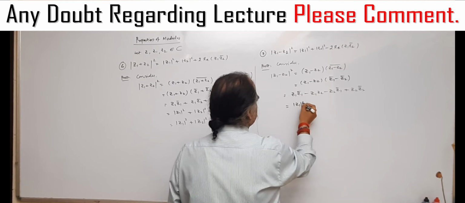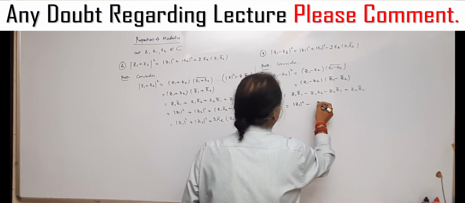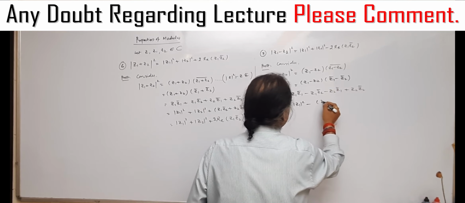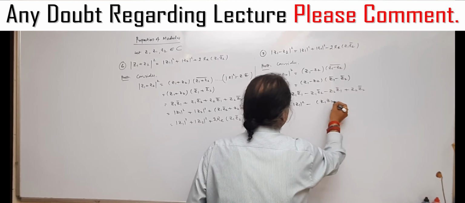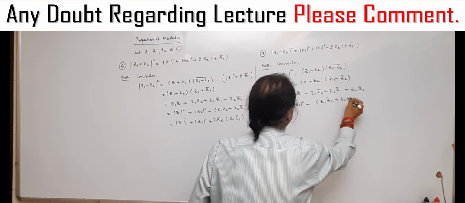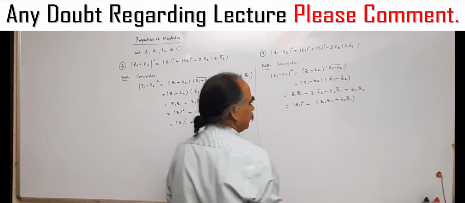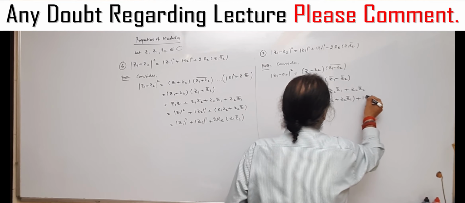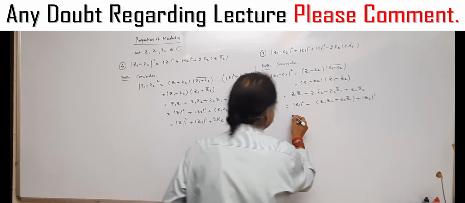Mod z1 square minus z1 z2 bar plus z2 z1 bar plus mod z2 square.